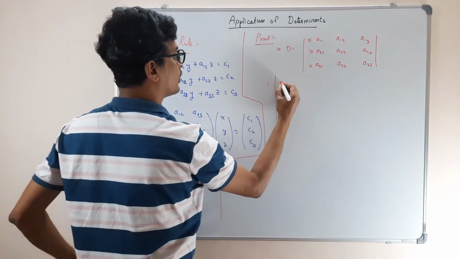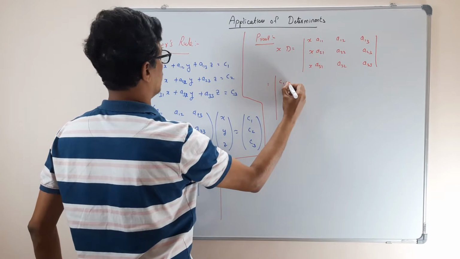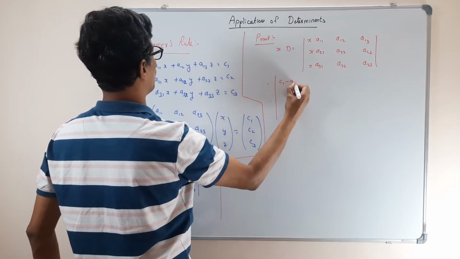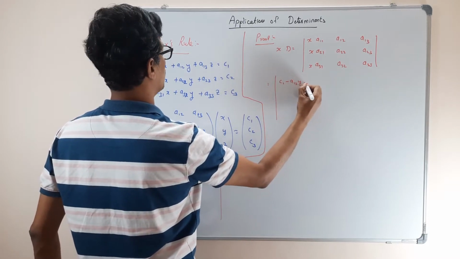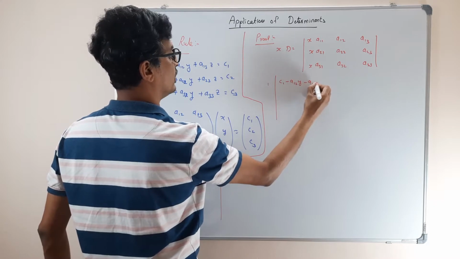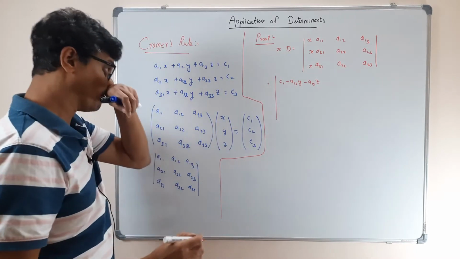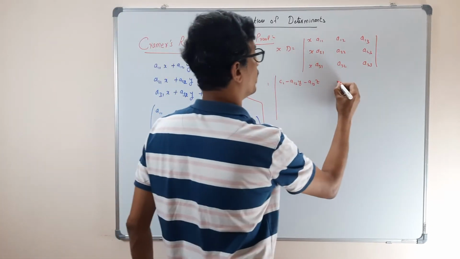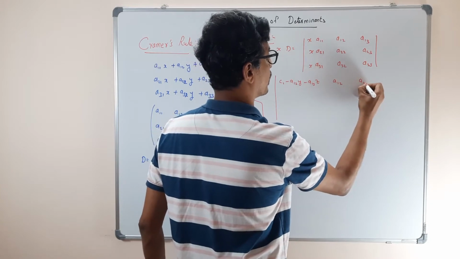So this will be c1 minus a12y minus a13z, correct? And this will be a12, a13.